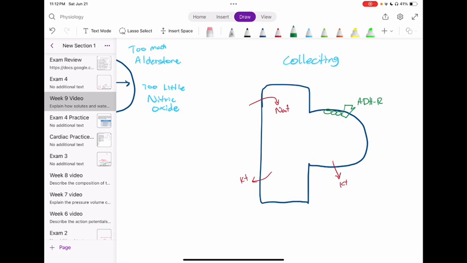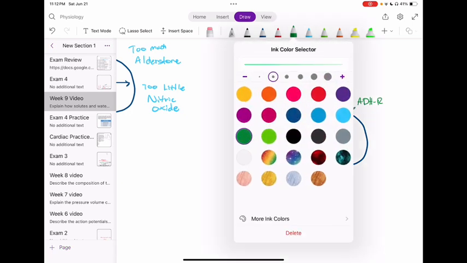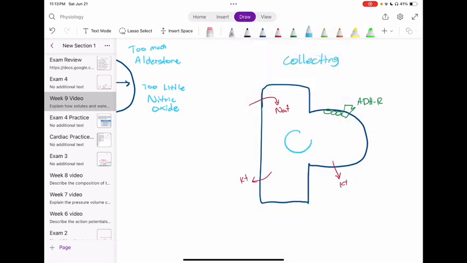As ADHR is activated, we also have this aquaporin channel in the center. As this activates, it activates this aquaporin channel. This aquaporin channel will create aquaporins here that will run straight through and go into the blood.